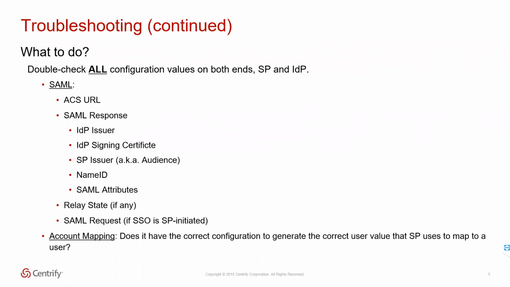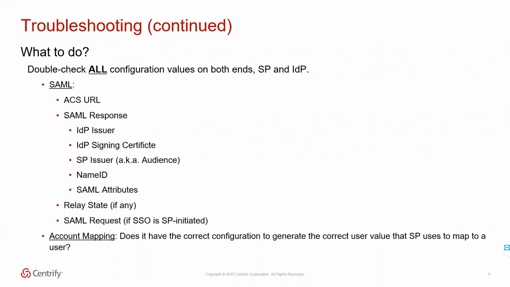You guys should be familiar with these terms by now. Of course, pretty much all the values would be SAML related, starting with the ACS URL, and all the pieces in the SAML response. The most important ones here would be the issuer and signing certificate, as well as some other things.